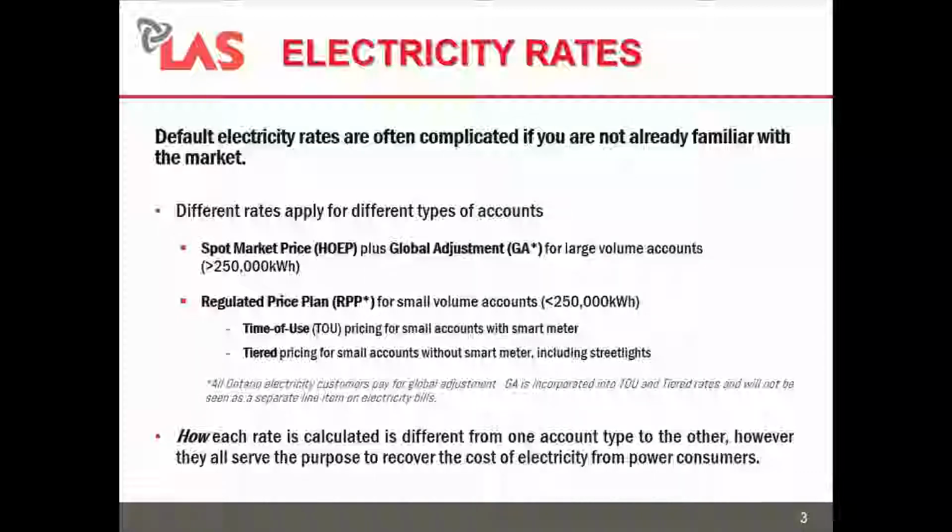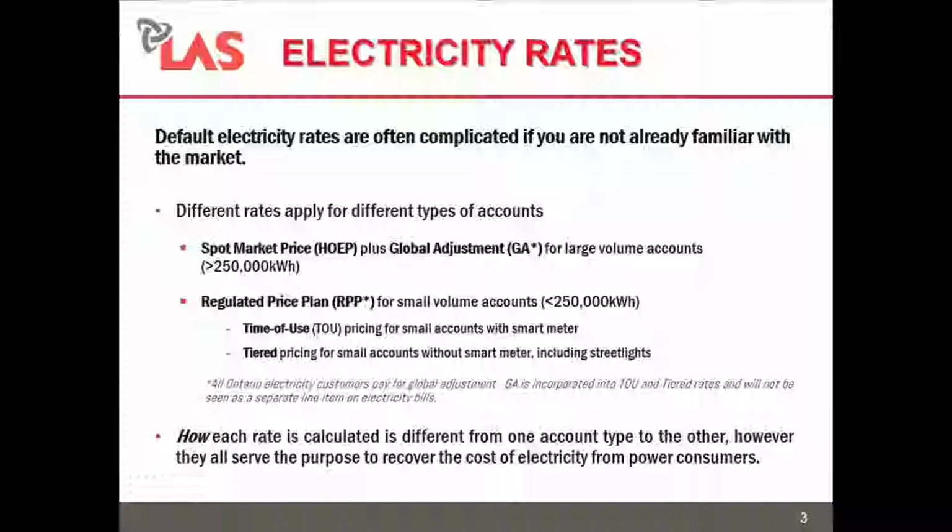You've probably already heard of it from time to time, and it's also the rate applied to your home. The time of use rate applies to business or residential customers who have a smart meter, which can tell what time period, how much you use during morning, afternoon, or evening.